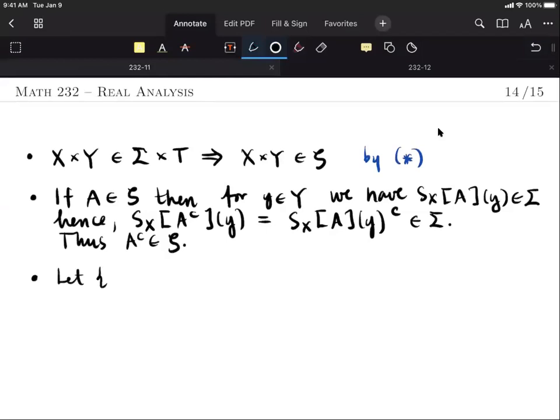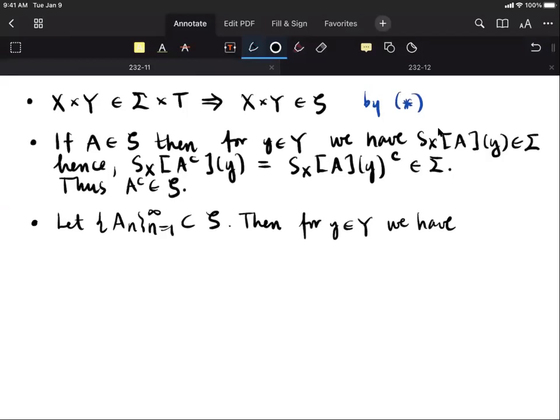Next, we consider closure under countable unions. Take a countable sequence of elements in S. Then for each y in capital Y, the definition of S means that the section of A sub n at the point y is in sigma for all n.